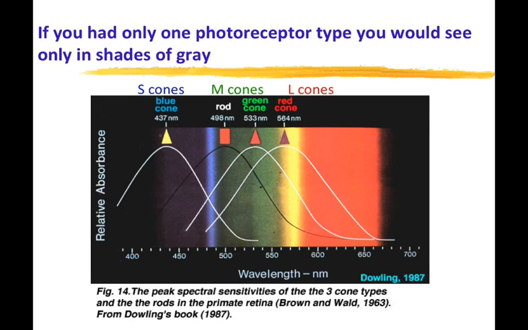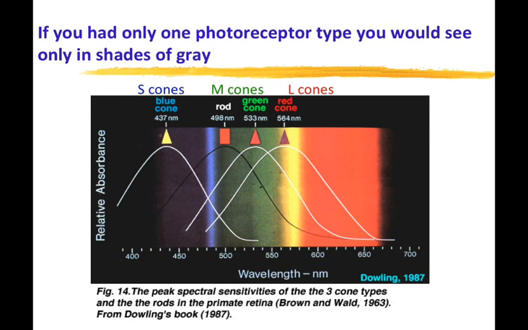Yes? So to clarify, you said people with only rods would see the world in shades of gray. Yes. They're called rod monochromats. So the absorption of these wavelengths is just simply the detection of light, or not necessarily absorption of a specific wavelength? Yes. So basically, what absorption means is that suppose you have a rod, it absorbs in a certain range, and as I told you, the more photons are incident, it will generate a bigger current.